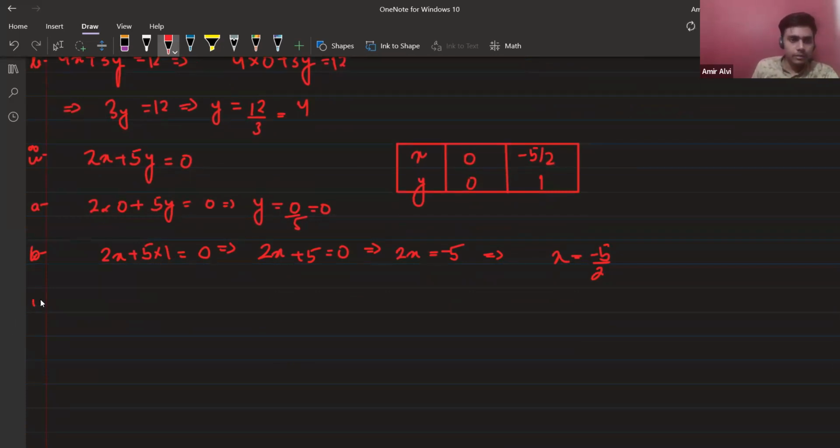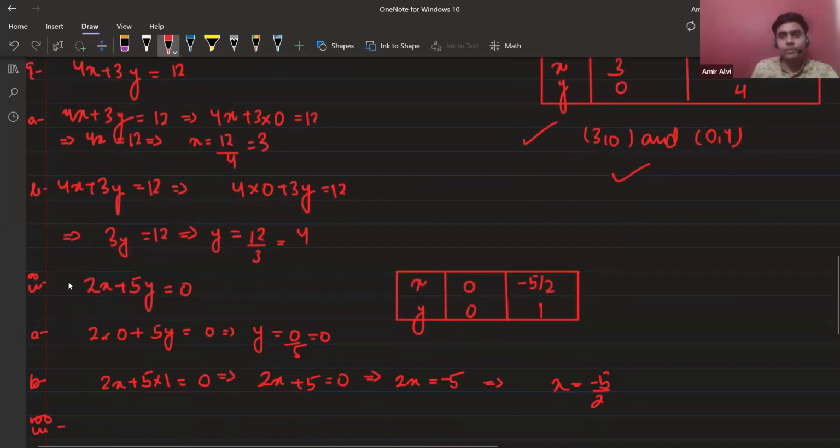Next, third one. The third one is the easiest one. 3y plus 4.